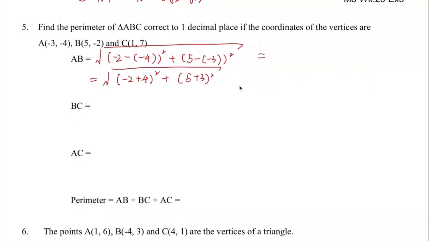And this is equal to minus 2 plus 4, that's 2, 2 squared is 4, plus 5 plus 3, that's 8, 8 squared is 64, right? So this is equal to 68, square root of 68.